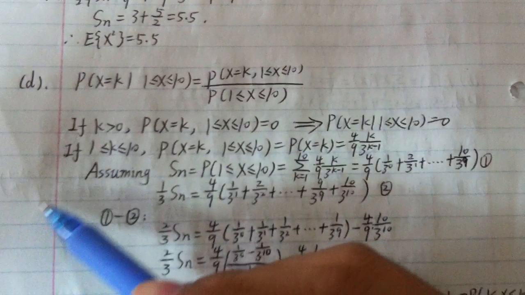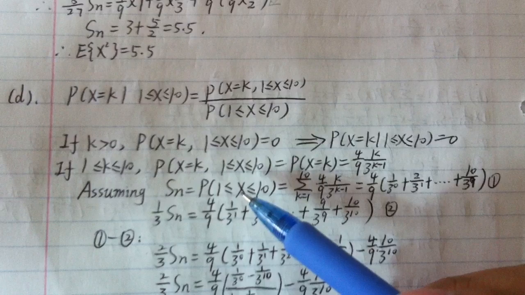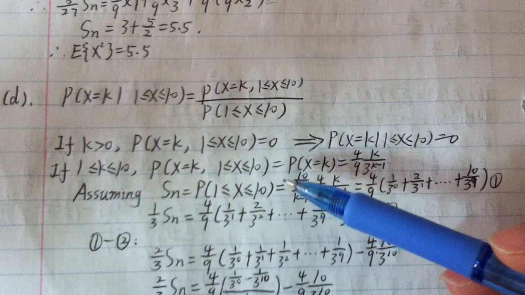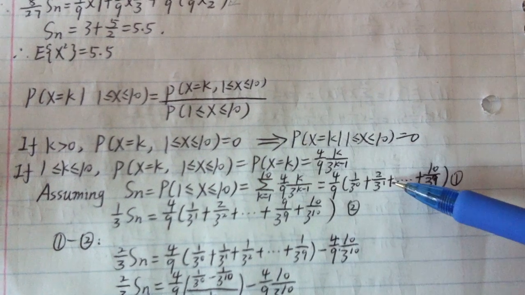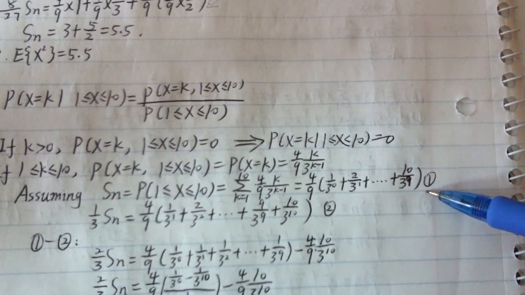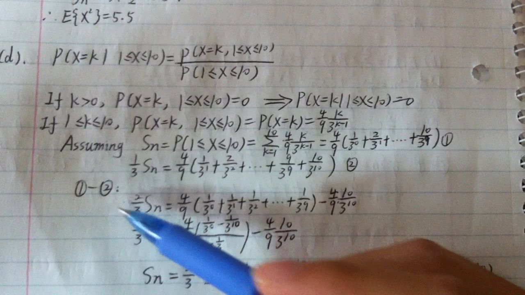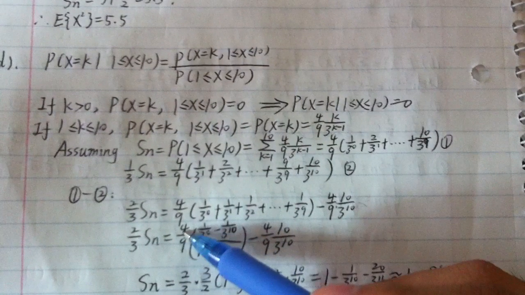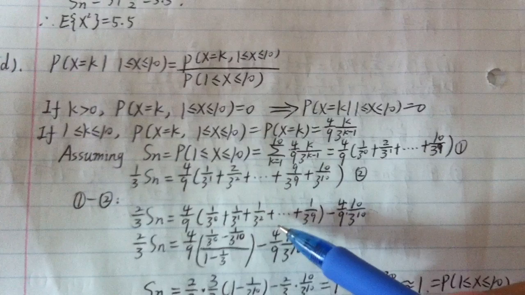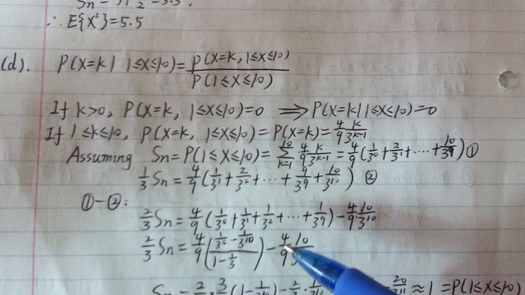Assuming Sn equals the probability x is greater or equal 1 and smaller or equal 10, we know the sum of this probability, and renaming it equation 1, equation 1 times one third gives equation 2, and equation 1 minus equation 2 gives this equation. And this one is a geometric series.